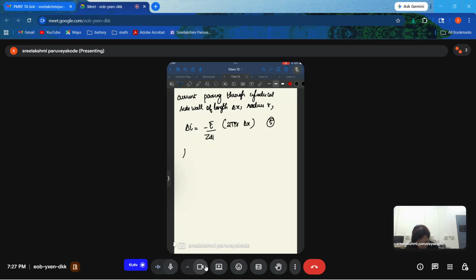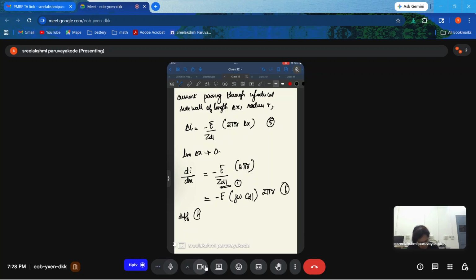Now we take the limit as delta x tends to 0. I can write dI by dx equal to minus E by Z_dl, which we have to find out, times 2 pi r. Z_dl is 1 by j omega C_dl, from equation number 1. So dI by dx equals minus E j omega C_dl 2 pi r. This is equation 6.